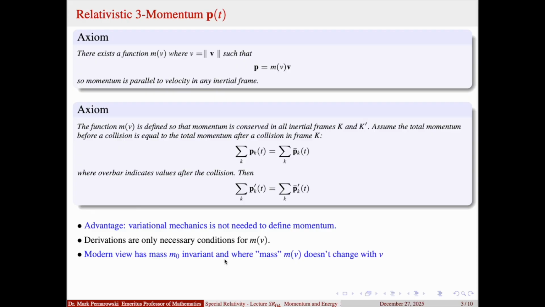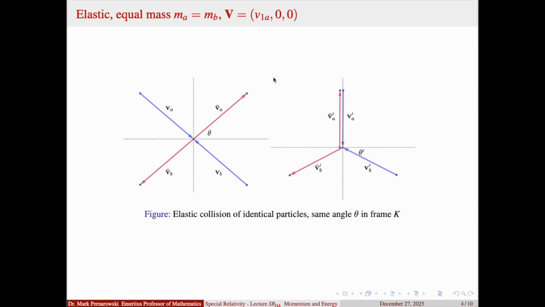So how does one take these axioms and derive this function m of v? Well, this is taken out of reference number 2, which I'll point out at the end.